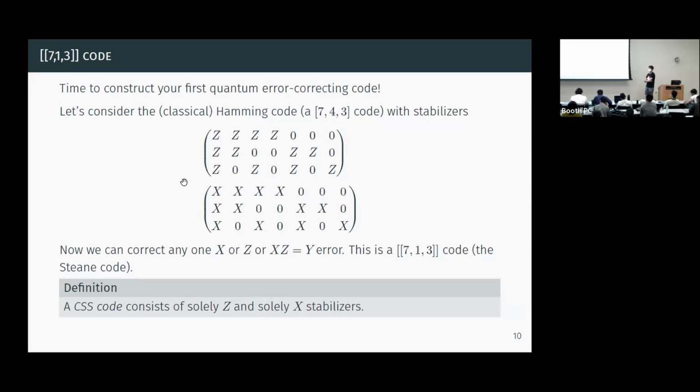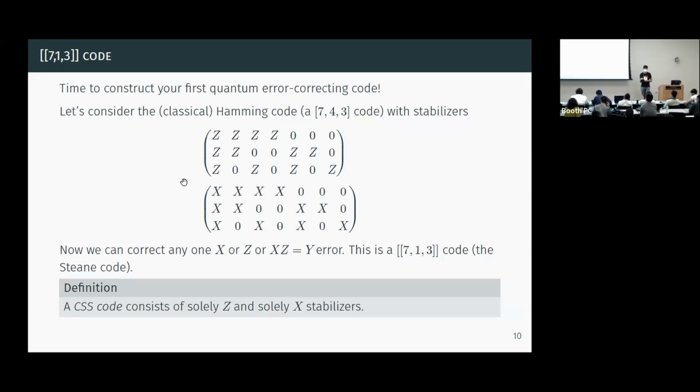So I guess the important fact here is that the stabilizers still commute, right? So if you take this string Z, Z, Z, Z and X, X, X, X, then these two strings commute. So if you look at the larger Hilbert space, these two have a similar +1 eigenvalue, right? So that's the stabilized code space.